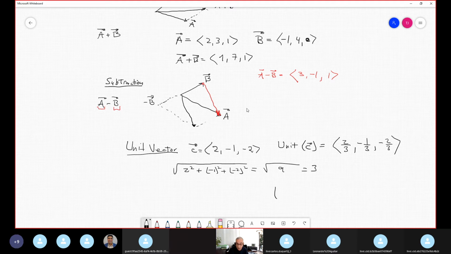So the magnitude of the unit vector of C is obviously 1 because it's a unit vector. And the direction of the unit vector is the same as the direction of the original vector C.